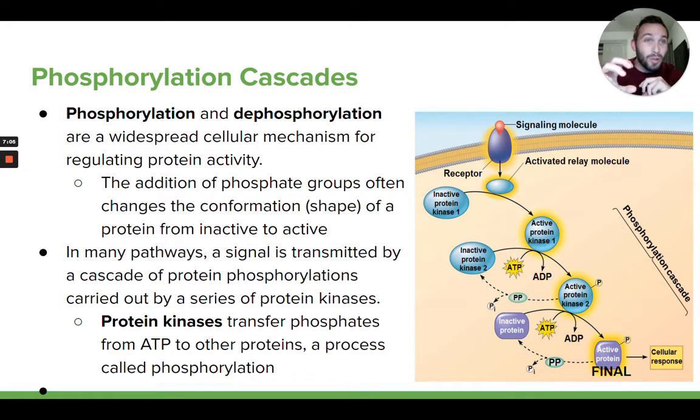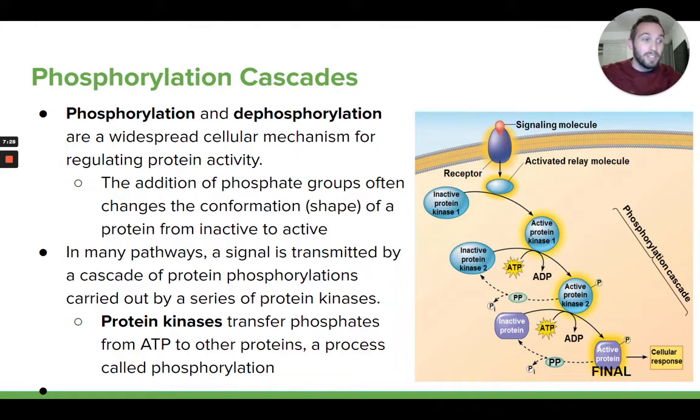They phosphorylate other proteins. If I was a protein kinase, my job would be to go find a certain protein inside the cell, grab it, and put a phosphate group on it. Then I go find another one, grab it, and put a phosphate group on it.